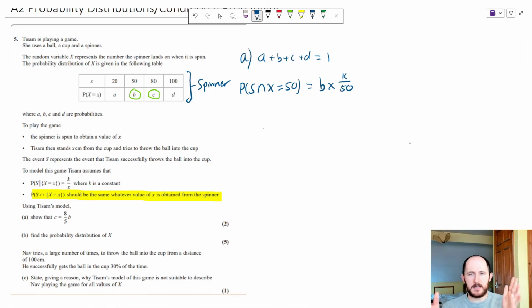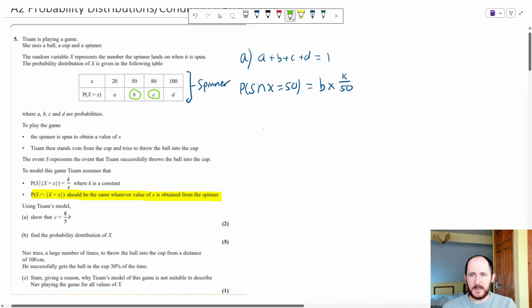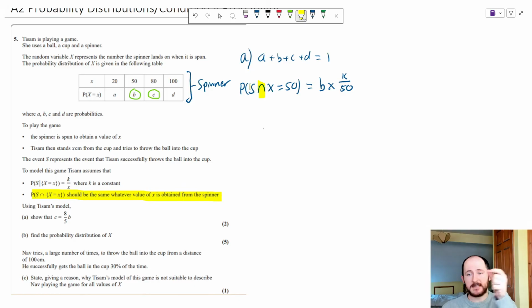So hopefully that logically makes sense, right? Don't forget, when you see and in probability, it means multiply. So we've got the probability of X equaling 50, which is B, and S. So we have to times by the probability of getting S. The probability of getting the ball in, given that the distance is whatever, is K over 50.